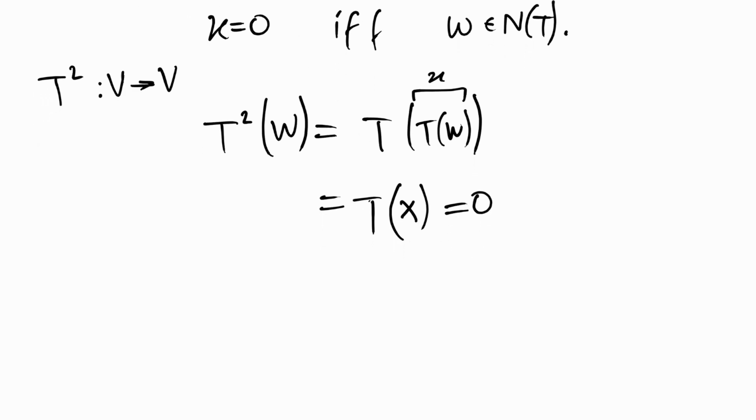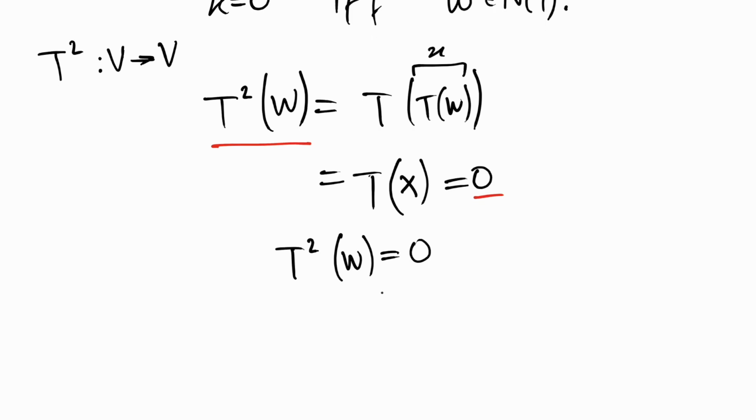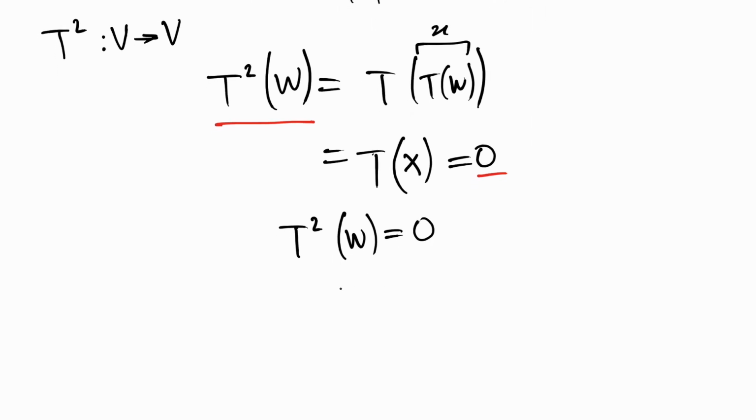So in the end we get T2W is equal to 0. So this means that W is in the null space of T2.